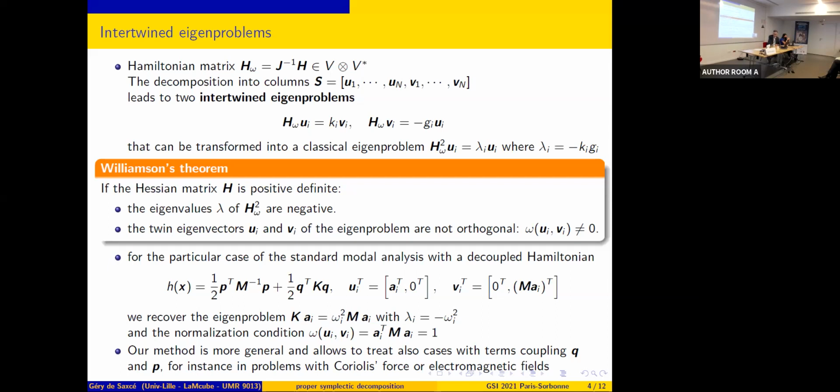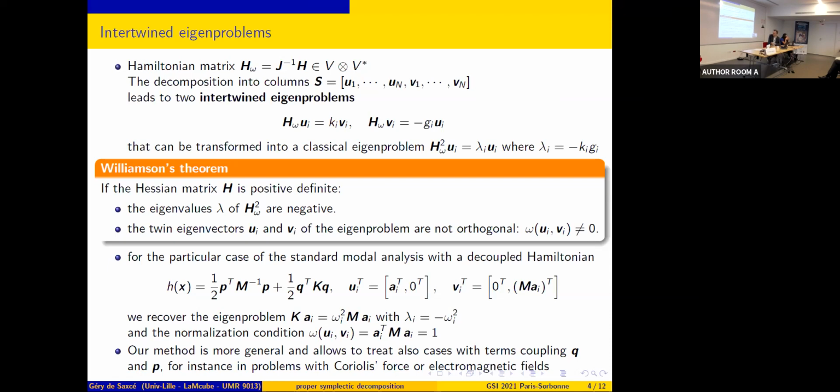Have a look at the particular case of the standard modal analysis with a decoupled Hamiltonian, the sum of the kinetic energy depending only on P and the potential elastic energy depending only on Q. So the twin vectors are degenerate, where A is the usual classical eigenmode, and we recover the classical eigenproblem where the eigenvalue lambda is minus the square of the eigenfrequency.